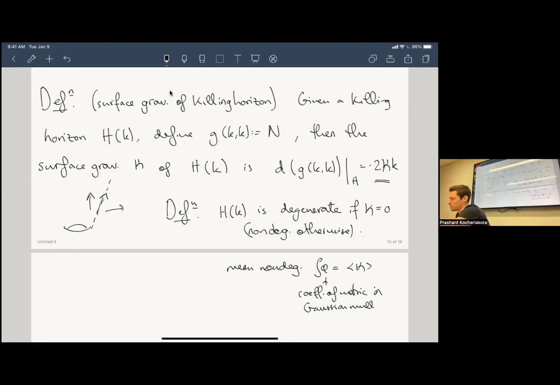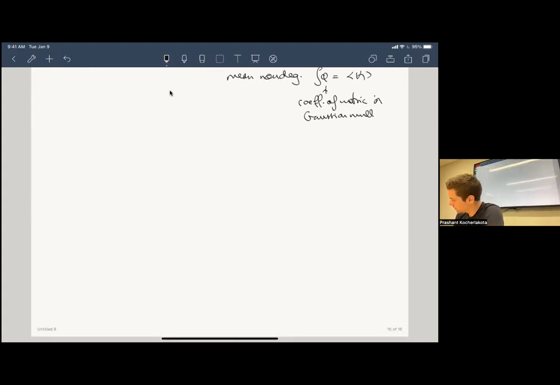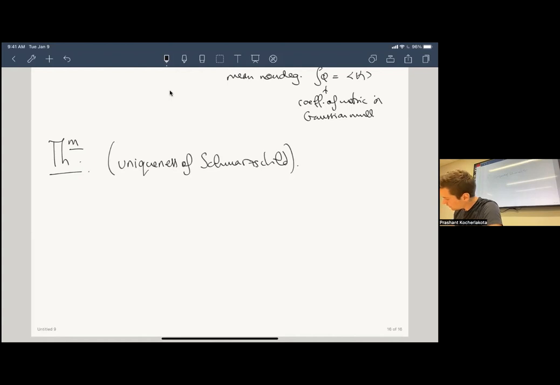Okay, so given that we're going a little slower, let me jump right to the main classification theorems. First main important theorem: this is the uniqueness of Schwarzschild. So what does this theorem say?